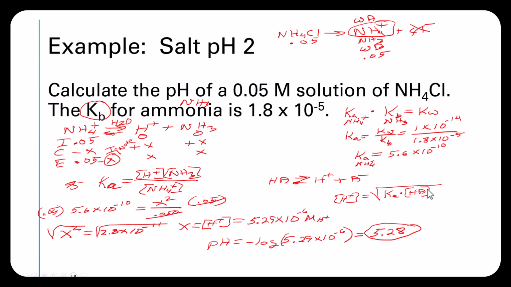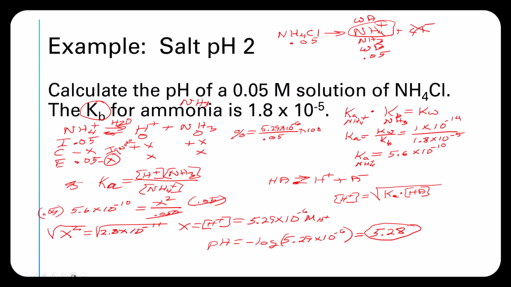Let's go ahead and calculate the percent ionization just to be sure. We've got 5.29 times 10 to the minus 6 divided by our starting concentration, 0.05, times 100.